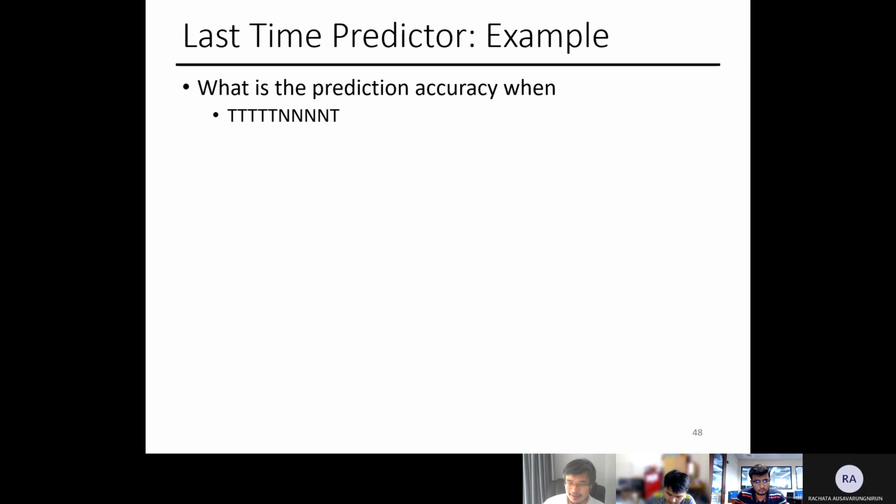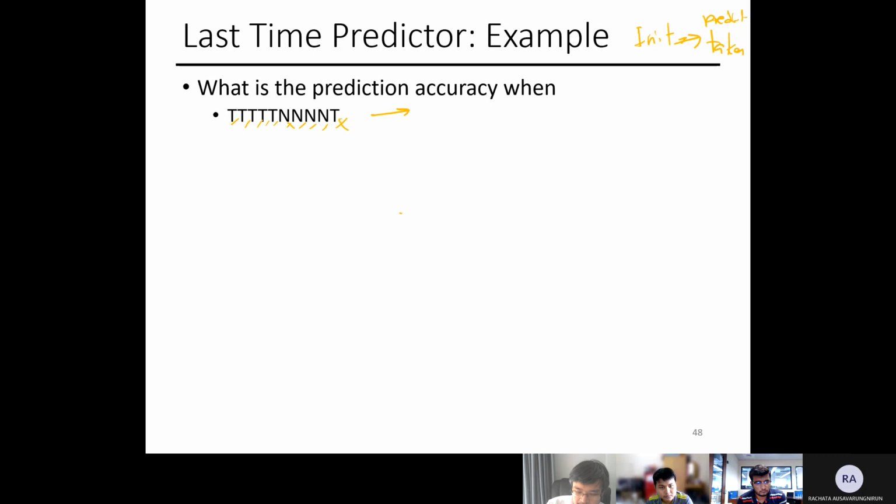What's the accuracy of this? Let's assume initially you are in the taken state, predict taken. So the accuracy of the first one is: if you're in predict taken, correct, incorrect, and then you transition to not taken, right? Correct, incorrect again.